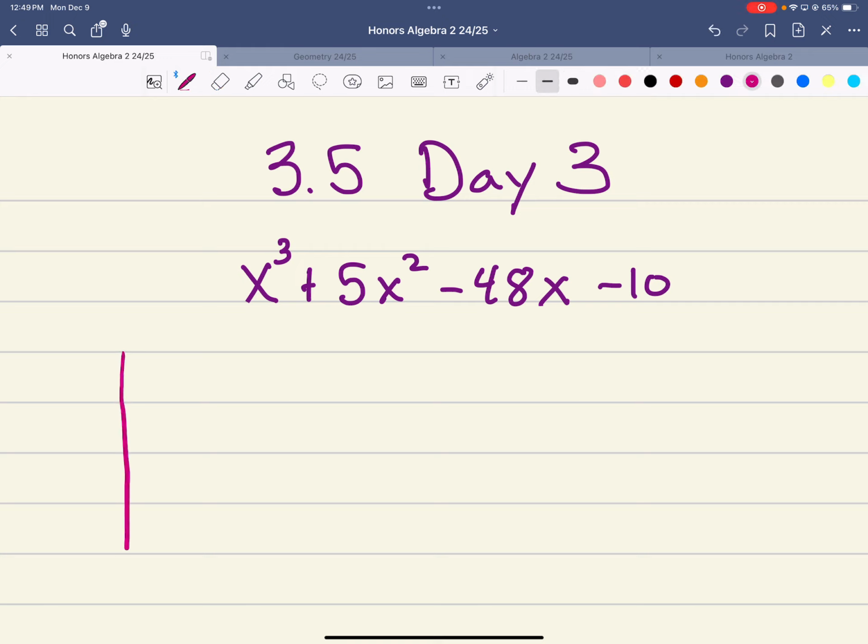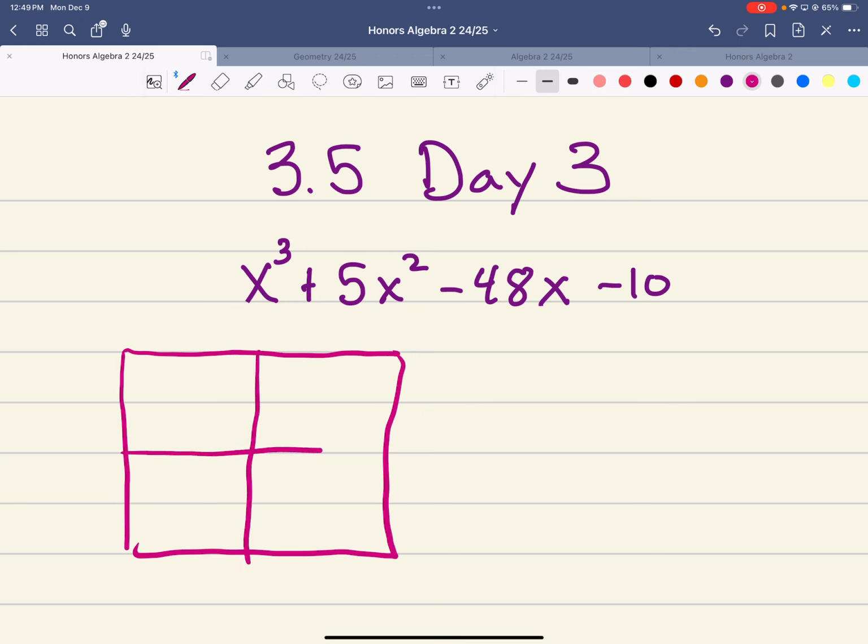All right, so I asked you to do the box method to factor this. Anytime you have four terms, it's really the first thing you should look to see if it works. We talked about it the other day, and we said sometimes it just doesn't work. If I look at the GCF going in this direction, it's x squared.